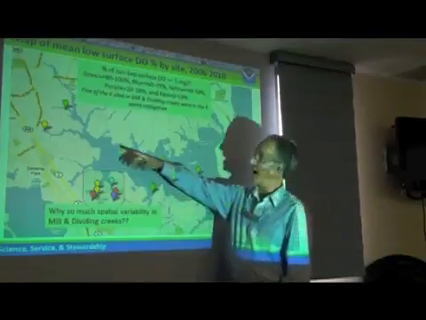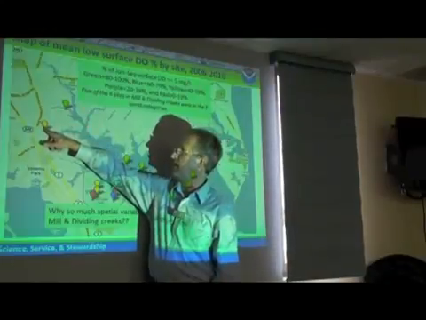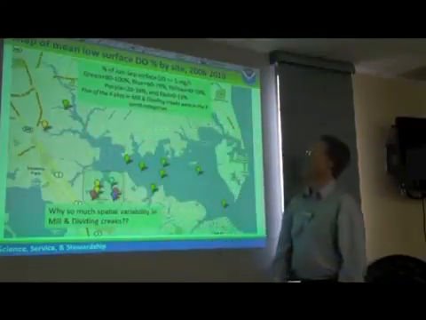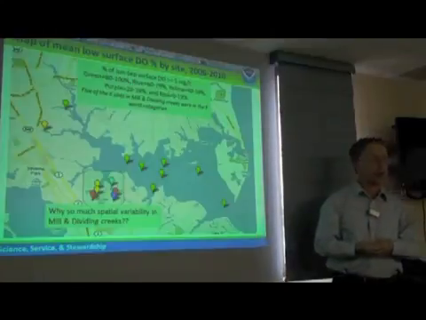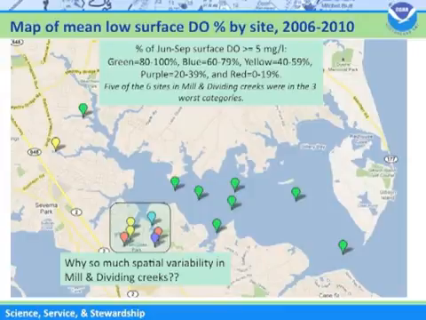The two sites near my house, one was in that same category, Old Main Creek, and Cattail Creek, which I thought was the worst, was only in the third category, 40 to 59%. And then within Mill and Dividing Creek, you had red, the worst category, you had purple, the next worst, and you had yellow, and you had blue.